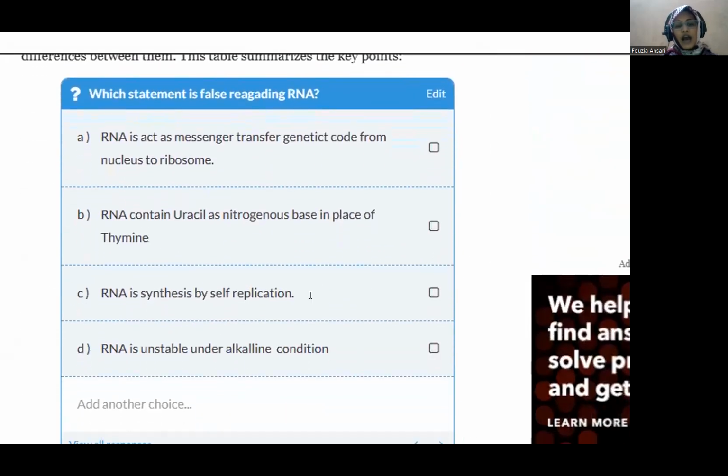Okay, now the second one. RNA acts as a messenger, transferring the genetic code from the nucleus to the ribosome. Which statement is false? Okay, so this one is correct. We have to select a false option.